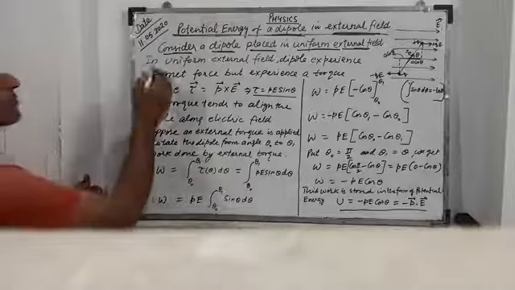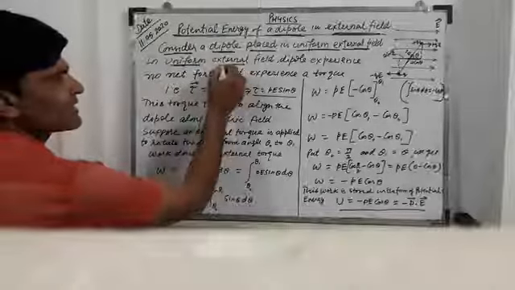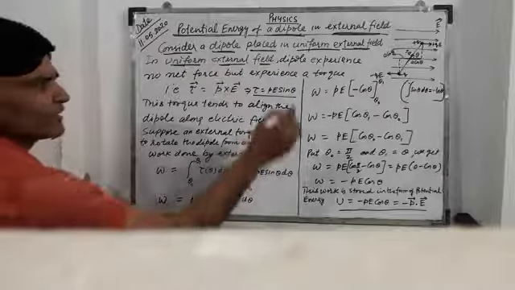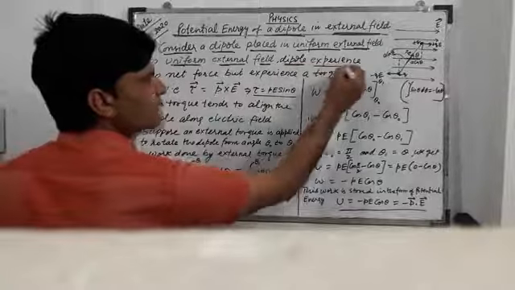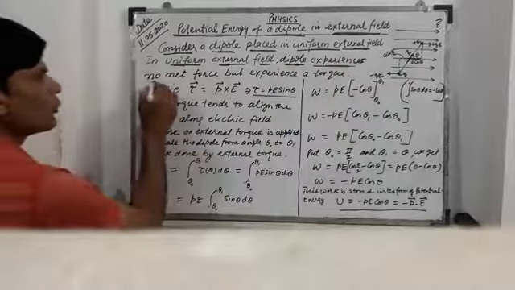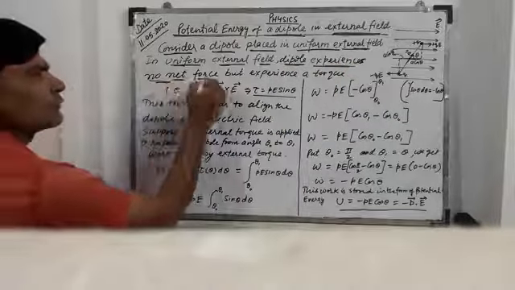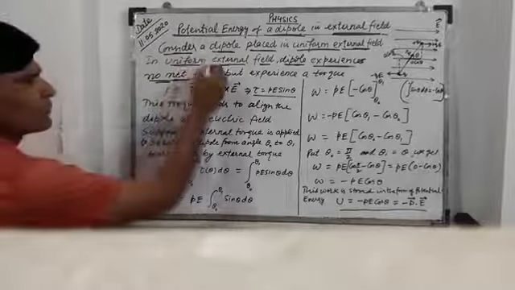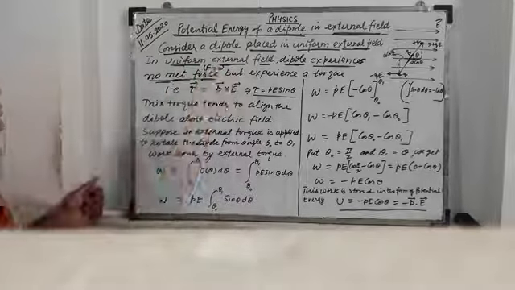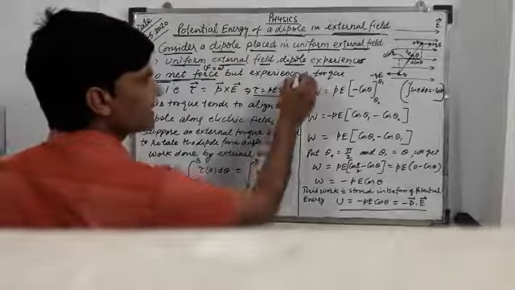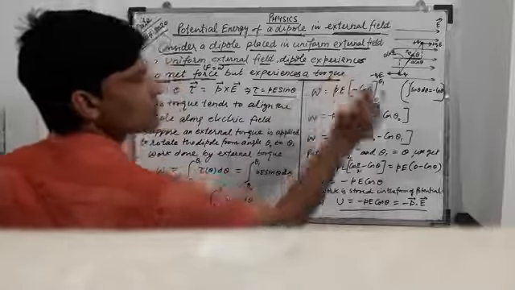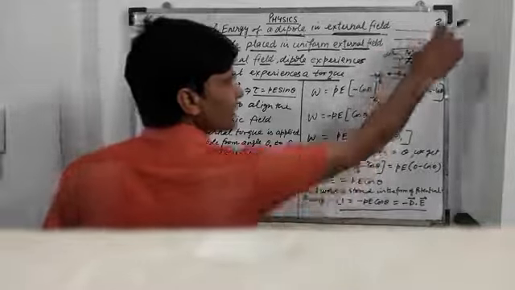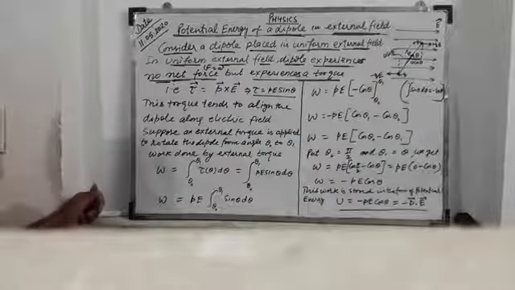So, keep in mind that in a uniform external field, the dipole experiences no net force. No net force means force is equal to 0, but it experiences a torque because the line of action of the forces is different.